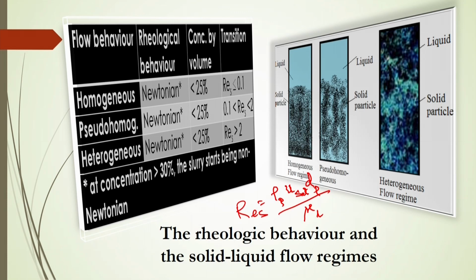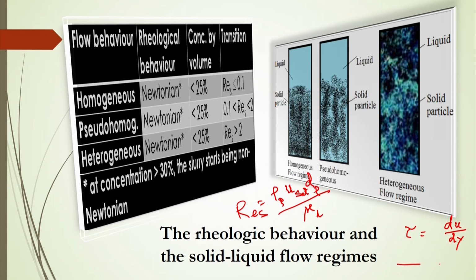Suppose shear stress is denoted by tau, then tau should be directly related to the shear rate, like du by dy. Here du is nothing but the change of velocity with respect to the length.